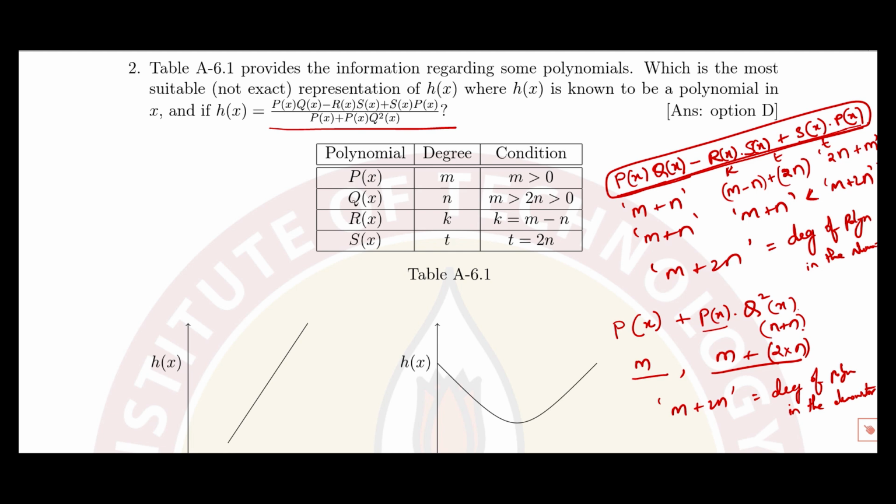As the degrees of the numerator polynomial and denominator polynomial are the same, and it is also known that h of x is a polynomial, when one polynomial divides another polynomial and both have the same degree, it implies that the quotient obtained will be a constant, and that constant is nothing but equal to h of x.